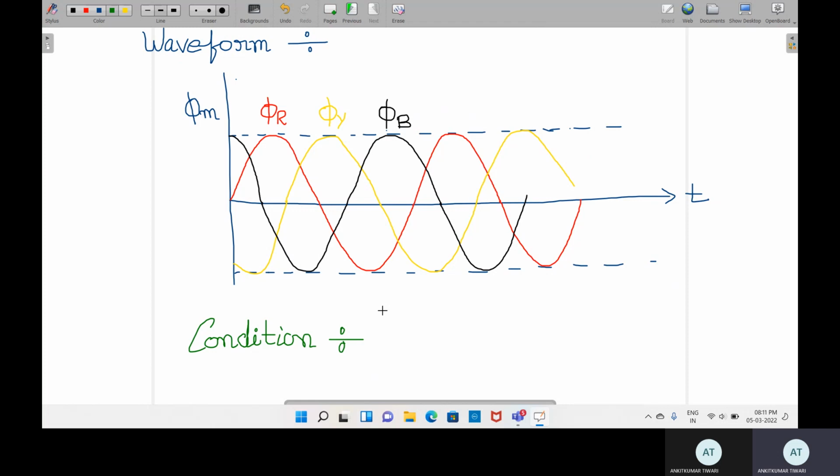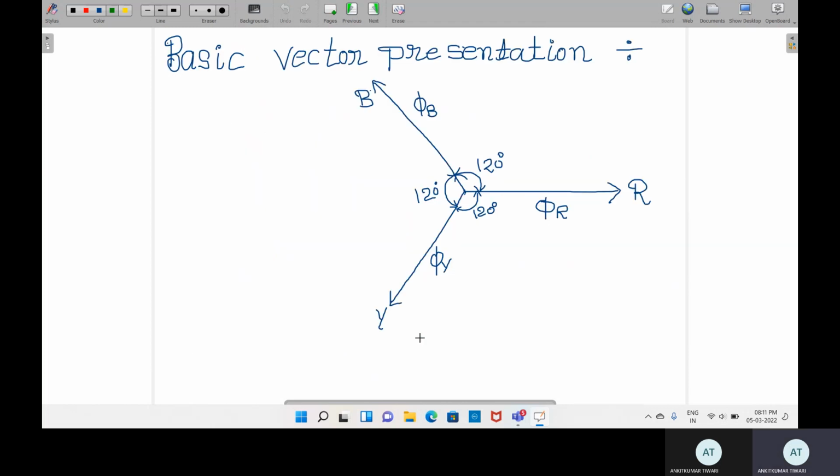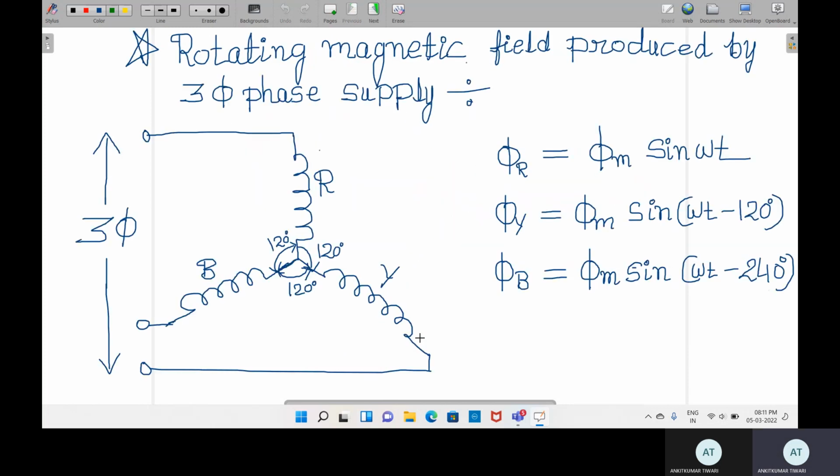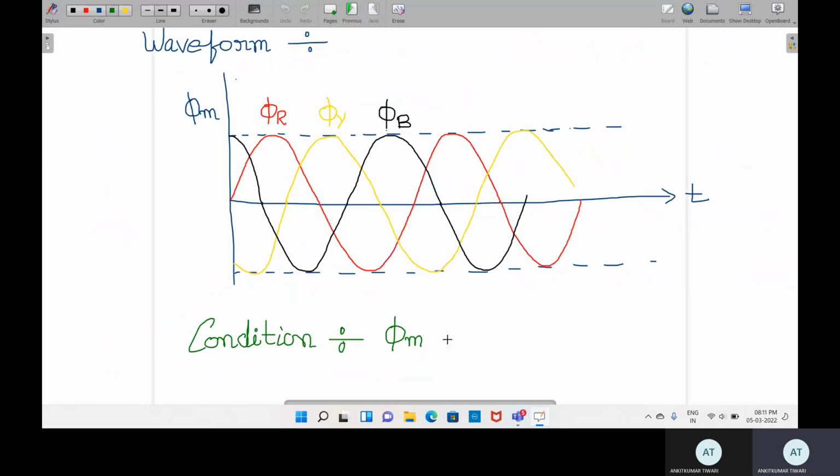So flux phi m or phi r. Suppose I will define phi m here. Phi m sin omega t. So sin omega t means all fluxes are 120-degree apart from each other.